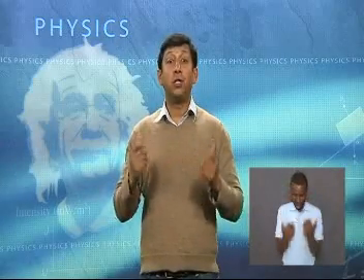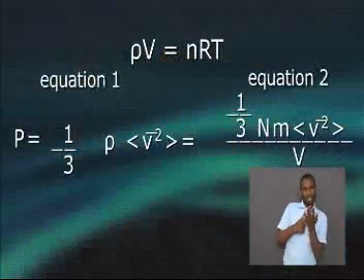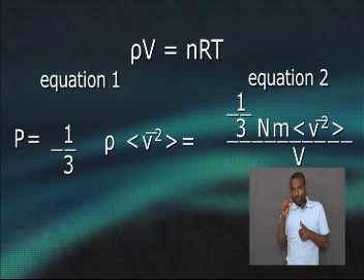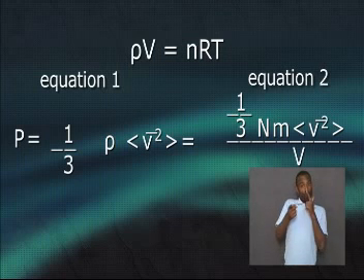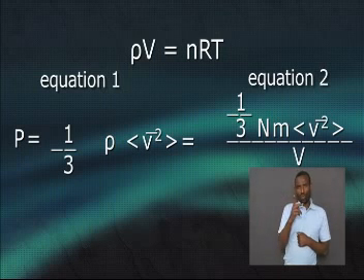Now we have two equations for the kinetic behavior of gases. One for macroscopic study and one for microscopic study, based on the model of kinematics of particles. The two formulas are listed here.